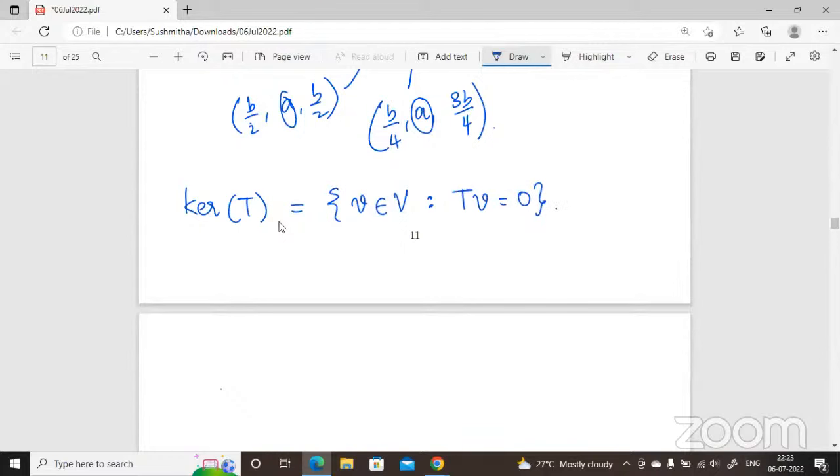So the kernel of a linear transformation is similar to the null space of a matrix. It is the set of all vectors V such that T of V is equal to 0.